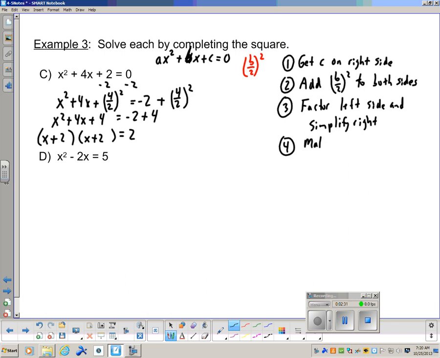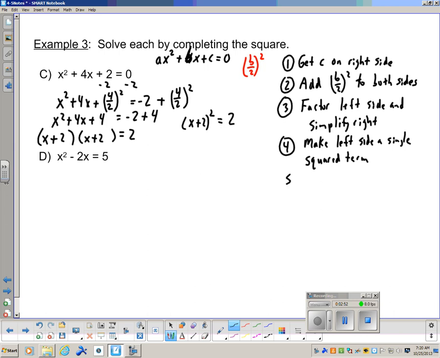Make the left side a single squared term. Because I've got x plus 2 being squared, or x plus 2 times x plus 2, I can say x plus 2 squared equals 2.